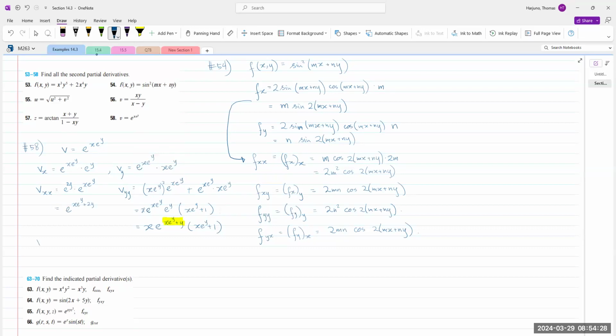Now the question is what happened to the partial with respect to x and then with respect to y? As we expect, they are continuous, so it will be the same as partial with respect to y, with respect to x. That will be the partial of this with respect to y: e to the x e to the y times x e to the y times e to the y, plus this guy times the derivative of this with respect to y, which is basically itself.